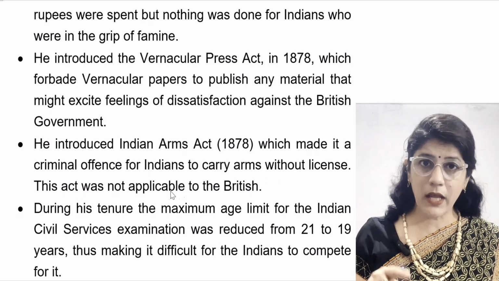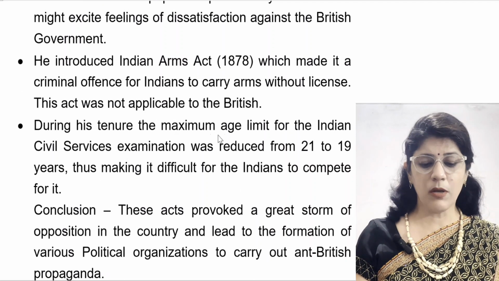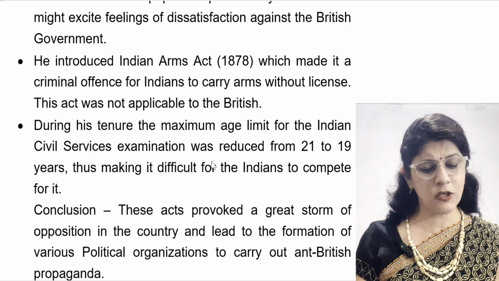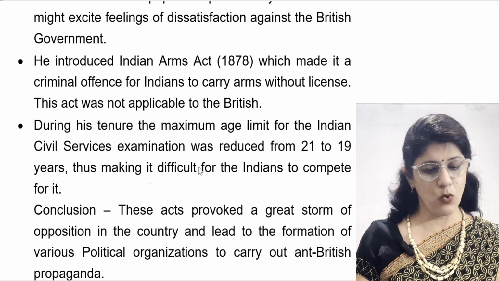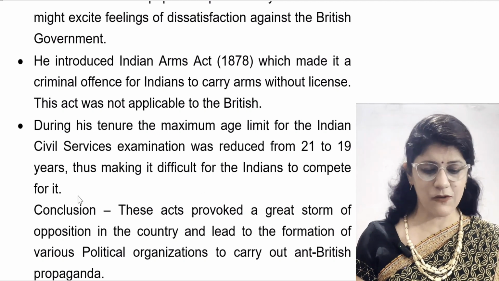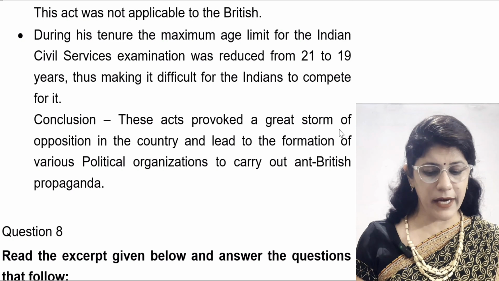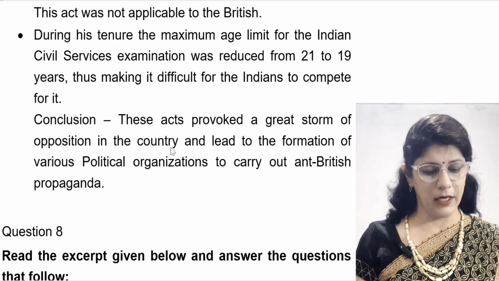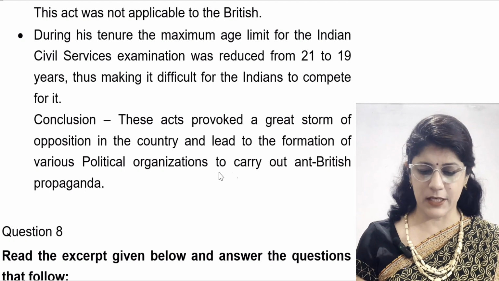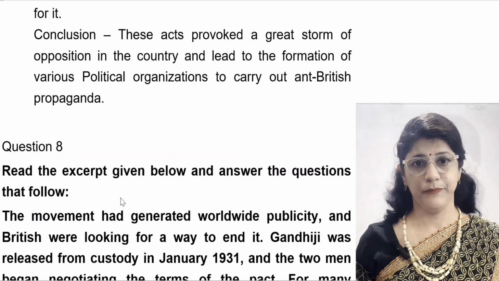This act was not applicable to the British. During his tenure, the maximum age limit for Indian Civil Services examination was reduced from 21 to 19 years, thus making it difficult for the Indians to compete for it. So, conclusion. These acts provoked a great storm of opposition in the country and led to the formation of various political organizations to carry out anti-British propaganda.